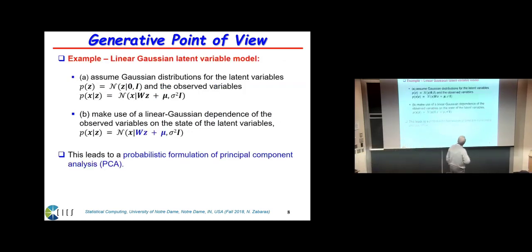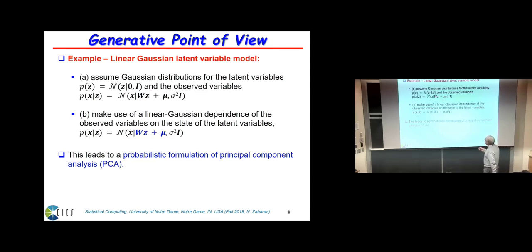So let me give you some examples of how this is going to work. Let's say you are going to select some latent variable z, and I make it here an isotropic Gaussian. And then the mapping from z to x is going to look like another Gaussian, where the mean is W times z plus mu, and the variance here I'm using an isotropic variance.